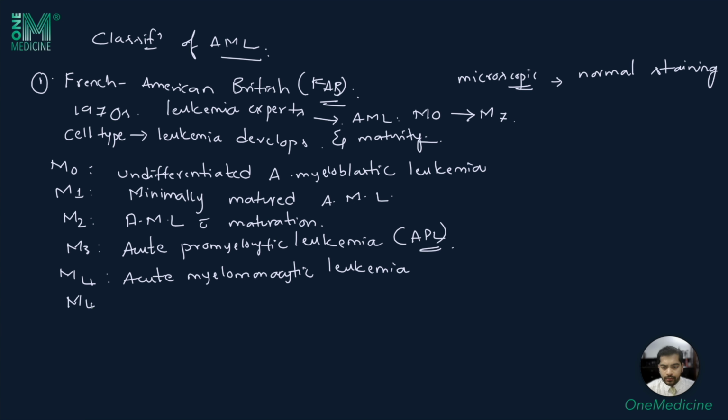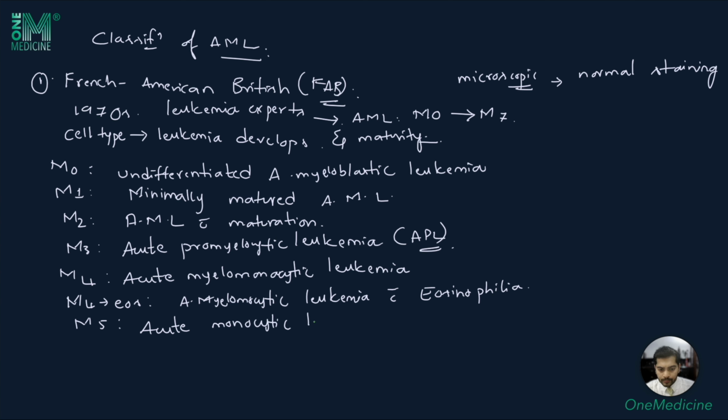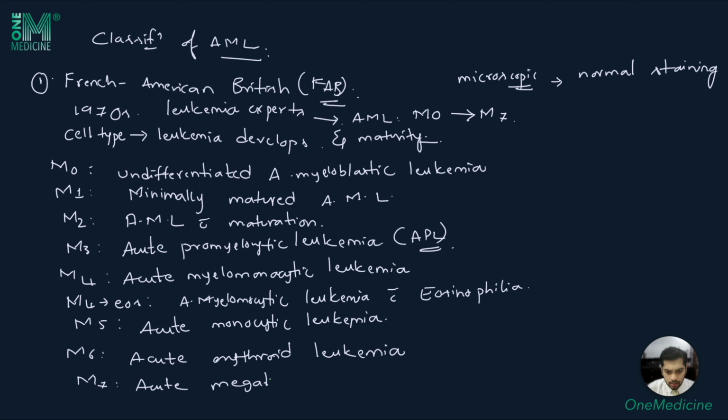A subcategory of M4 called M4 EOS, that is acute myelomonocytic leukemia with eosinophilia. M5, that is acute monocytic leukemia. M6, that is acute erythroid leukemia, and M7, that is acute megakaryoblast leukemia.